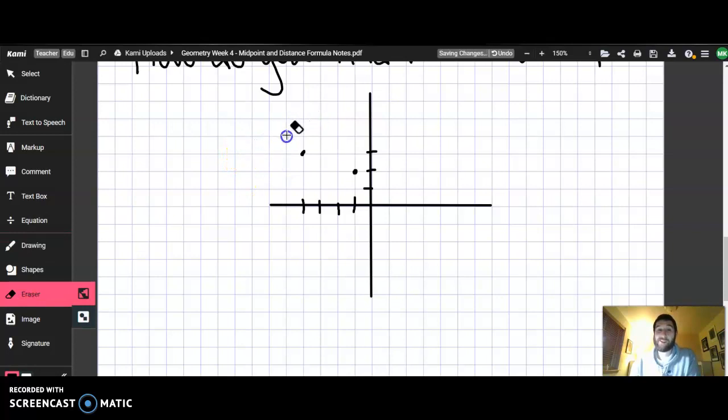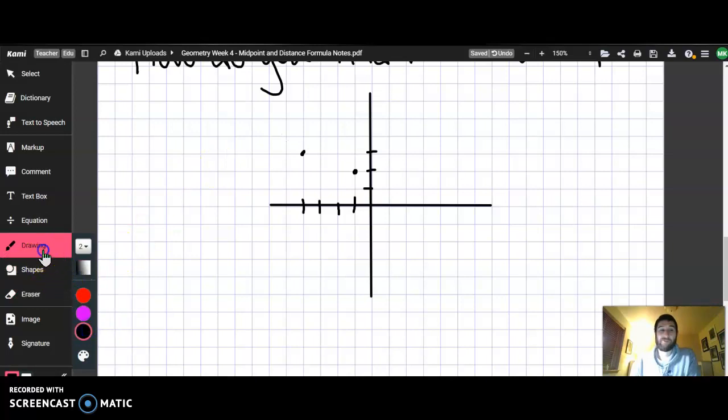So it's not 3, -4. The -4 is our x, so it needs to be -4, comma 3. Double checking, working slow, rereading your work is how you pay attention and make sure you don't miss any of those other small details. So our midpoint is -1, comma, +2.